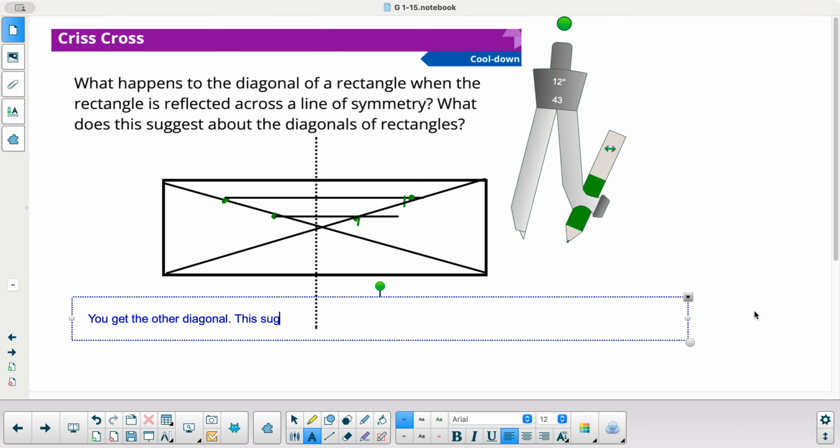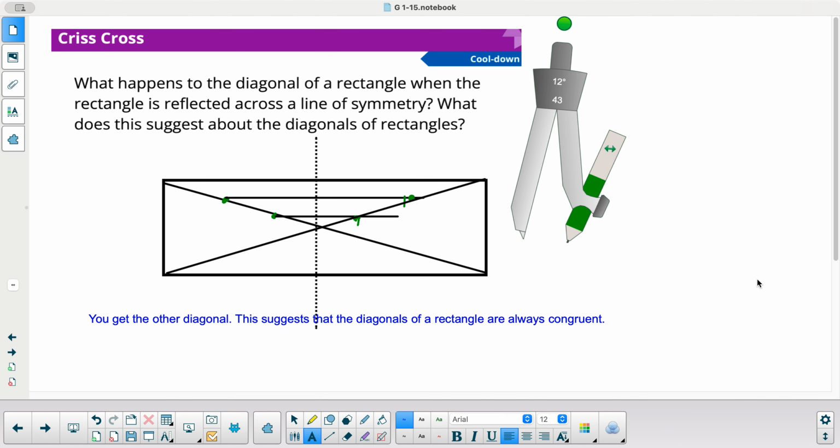So this suggests that the diagonals of a rectangle are always congruent. Okay. This is actually a very, very useful concept. I actually use this all the time.